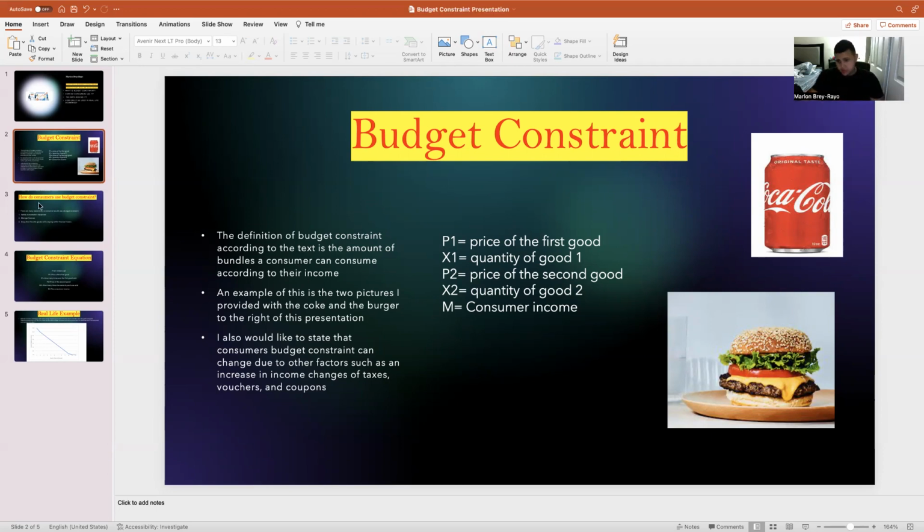Now, this is just one example. You can use many different examples as long as it's two different things, according to the text. I believe it's just for the basics of the math behind it, because once you get to 3 or 4 items, the graph looks crazy, and the derivatives, and you probably need a whole different kind of equation.